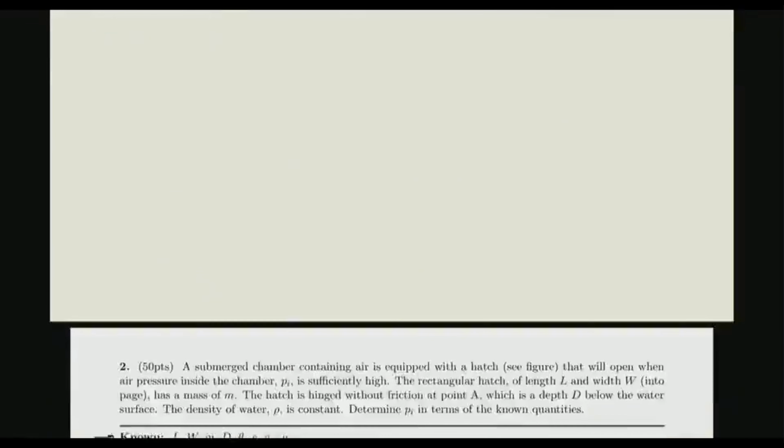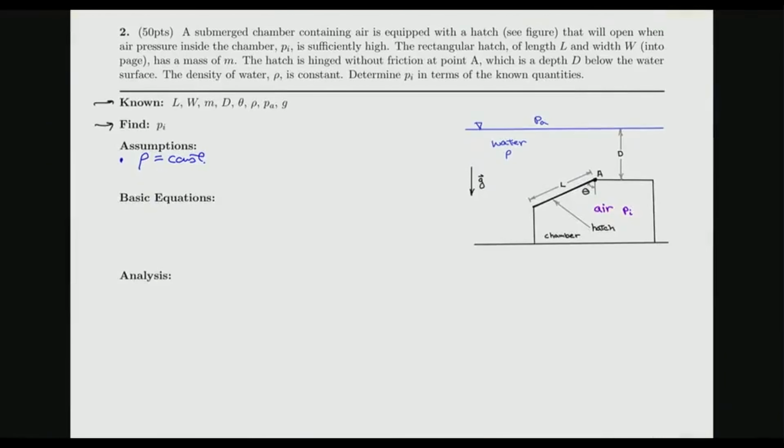Okay, so let's write these down. Whether or not you end up using these, we can write it in vector form or scalar. At least you can start thinking, okay, this is a submerged surface. We need to determine force and moments.